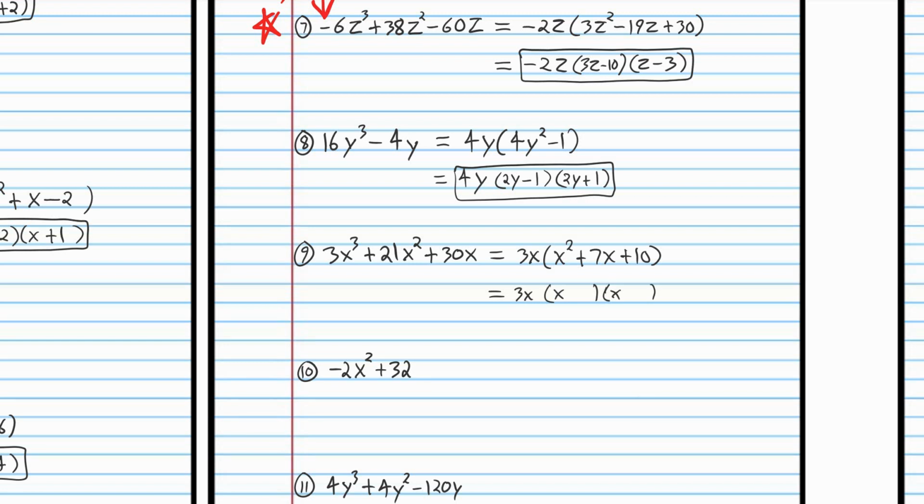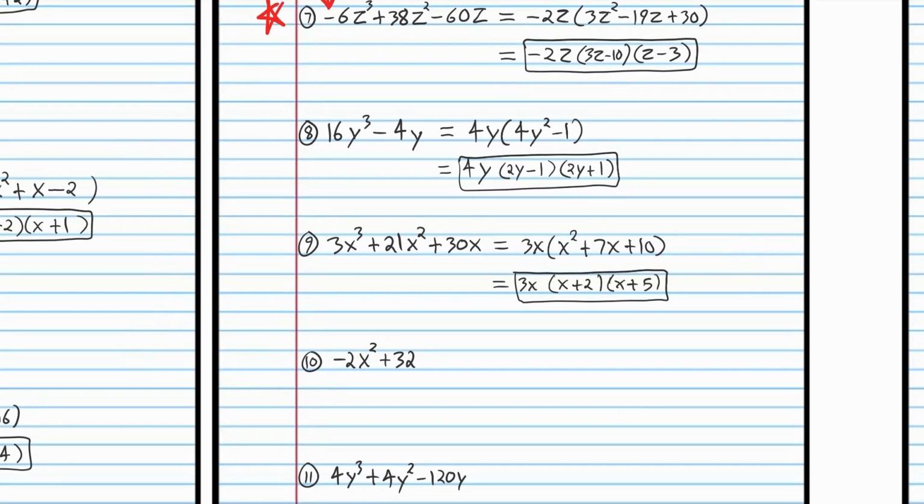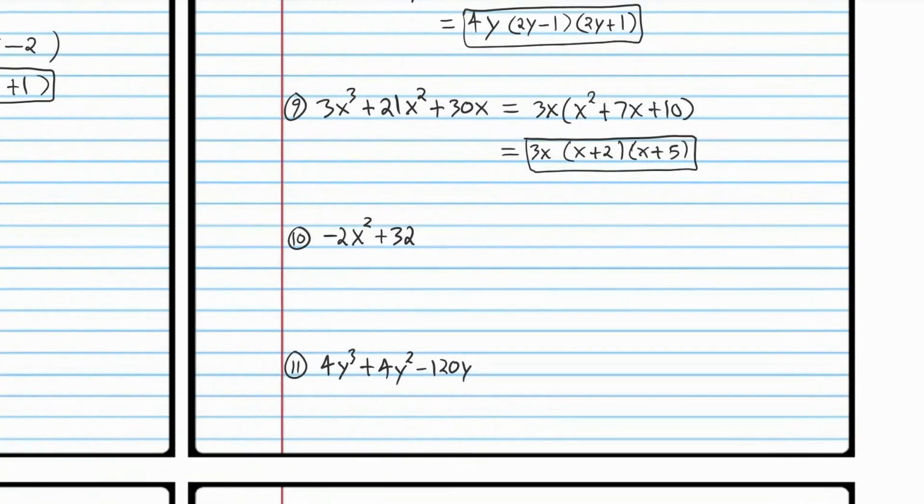And what two numbers, we don't have a coefficient on this squared term, so we can just ask what two numbers multiply to 10 and add up to 7. So that would be 2 and 5. All right, so if you got that answer, good job.